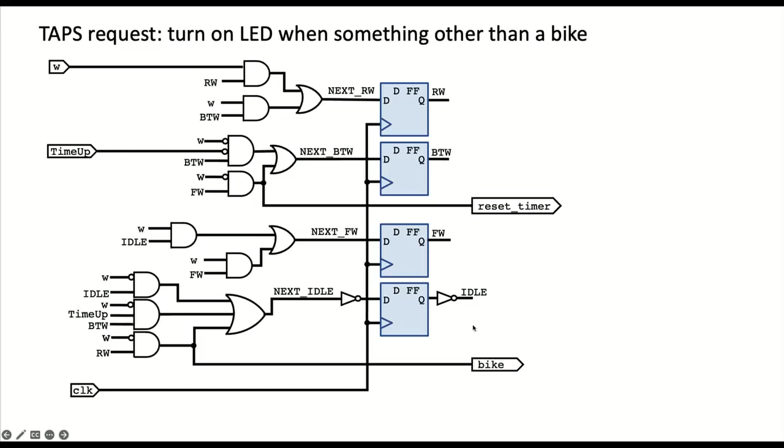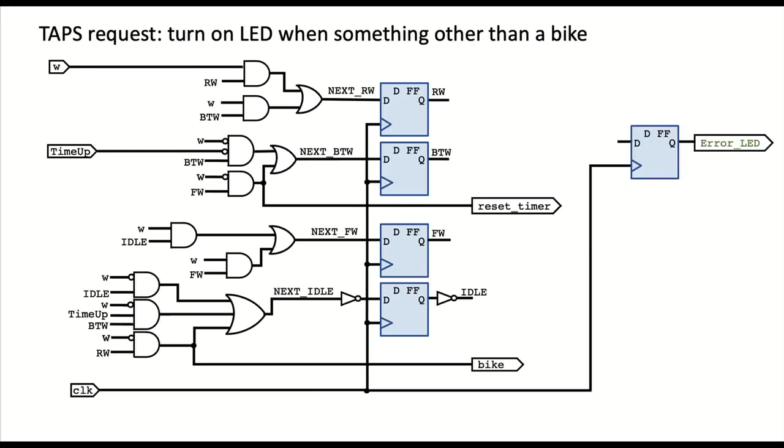All right, so what not to do, even though this will work, is, well, I want to turn on an LED, so I'm going to need a flip-flop to hold the value of this LED. I'm going to call this error LED. And when do I want this LED to go on? I want it to go on basically when I follow the arc from between wheel back to idle, when what I saw was not a bike.